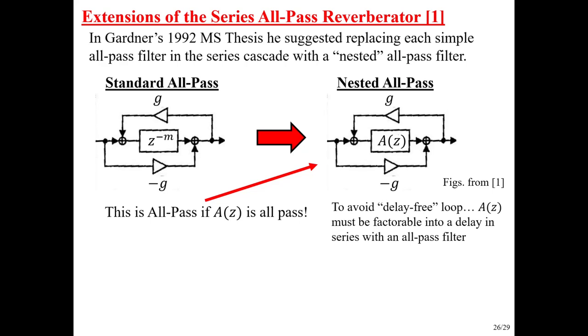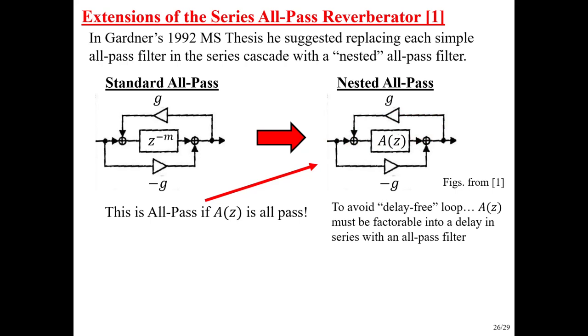We talked about that a while back, Unit 2 when we talk about Chamberlain's filter. We talked about delay-free loops. We just want to make sure that as we go from here through here and back, that when we go around this loop, we have to go through at least one delay.